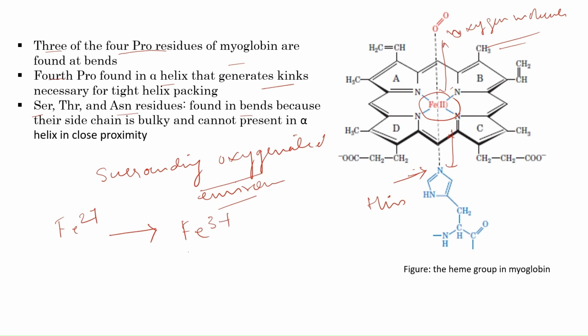Now this Fe3+ form cannot bind oxygen; the heme has to be in Fe2+ form to bind with oxygen. So to protect it from the oxygenated environment so that it can remain in the Fe2+ form to bind with the oxygen, the heme group is present in the cavity or remains buried in the myoglobin structure.